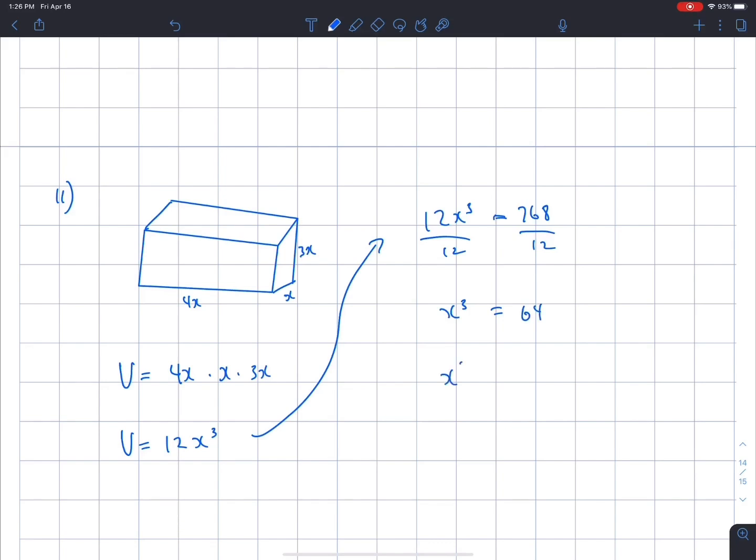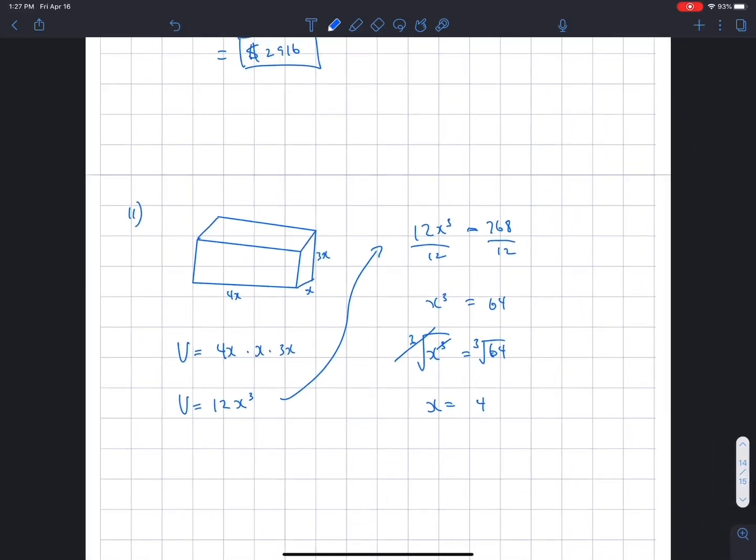To find x, we just take the cube root on both sides, because the cube root and the power of 3 cancel each other out. We should get x equals 4. So remember, your length is 4x, which is 4 times 4, which is 16. The width is just x, so it will just be 4.